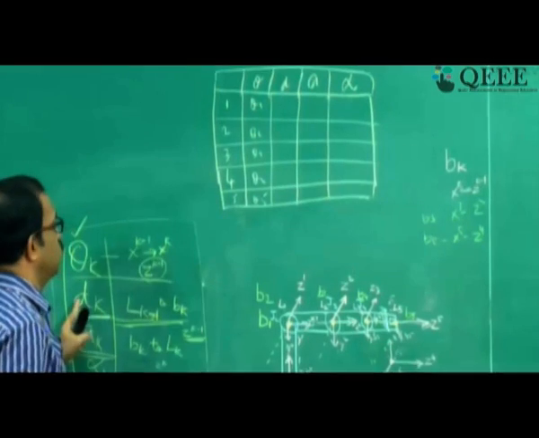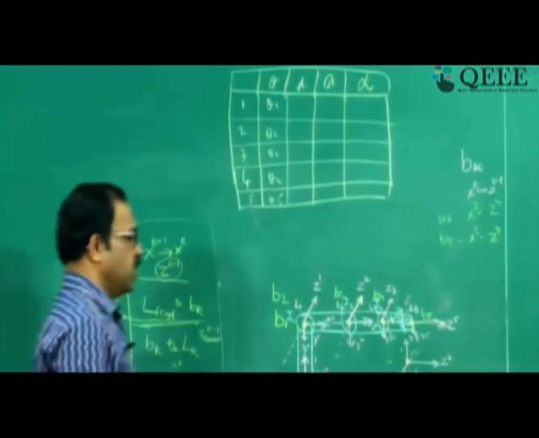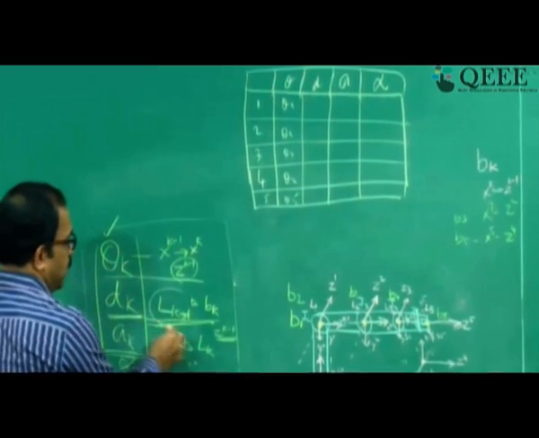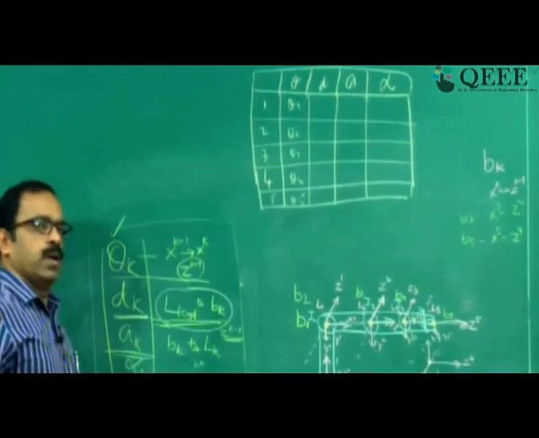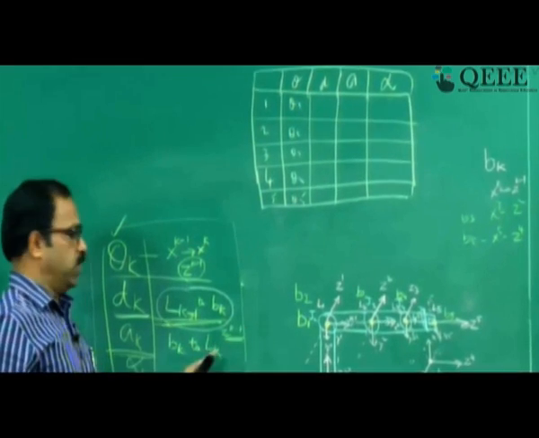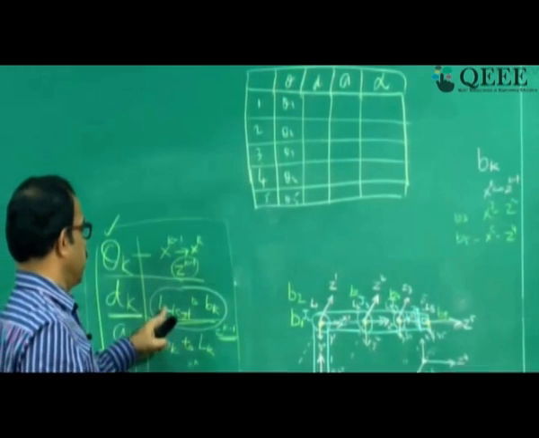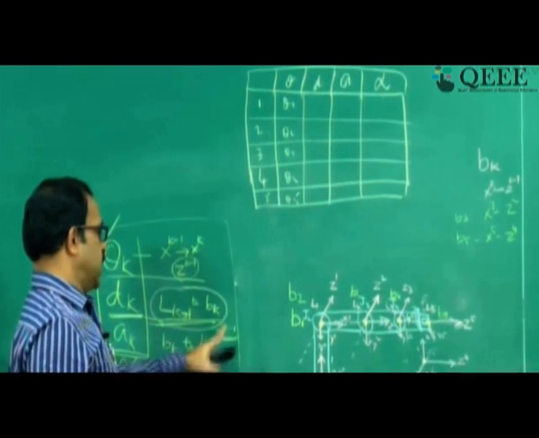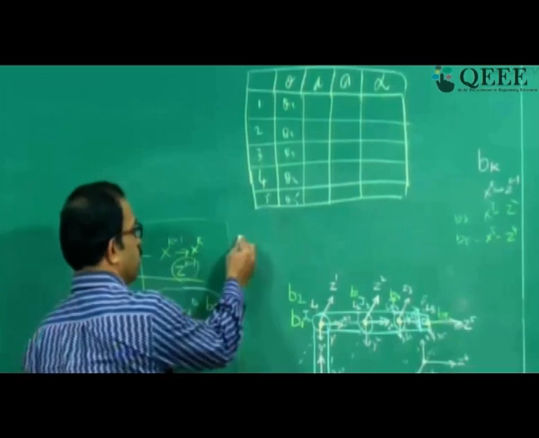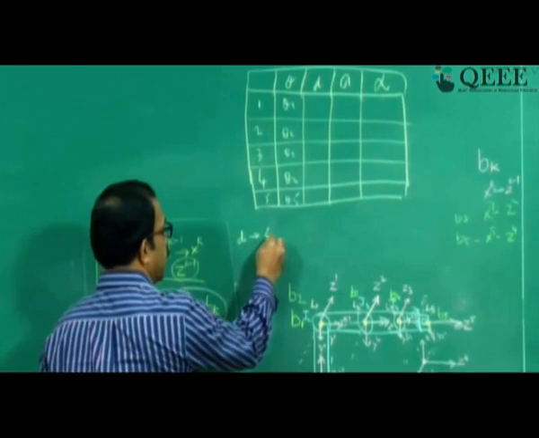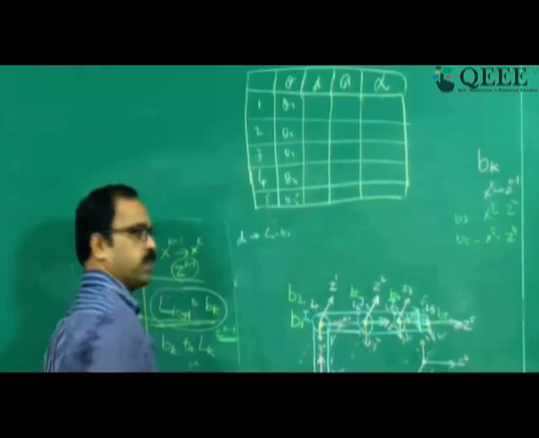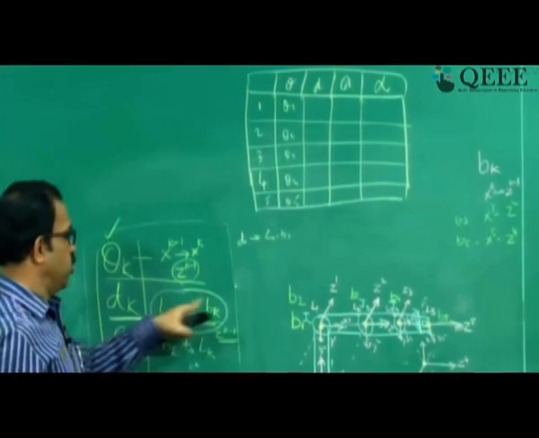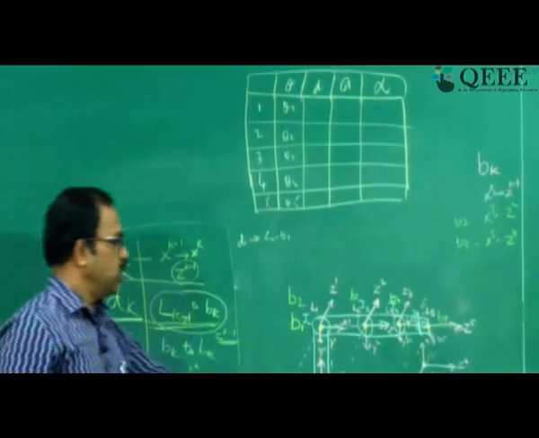The fixed parameters, next one is dk. Dk is the joint distance, Lk minus 1 to Bk measured along Zk minus 1. So we need to find the distance from Lk minus 1 to Bk along Zk minus 1. Now look at D1. D1 will be L0 to B1 along Z0.